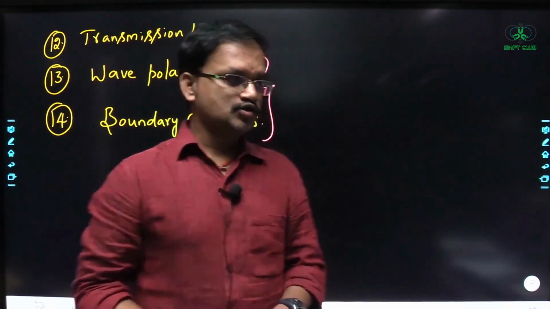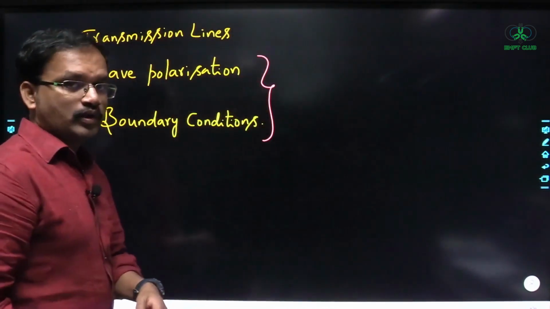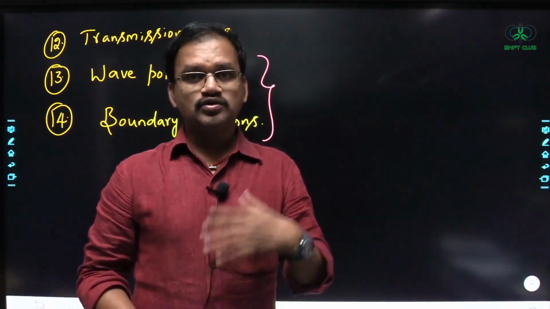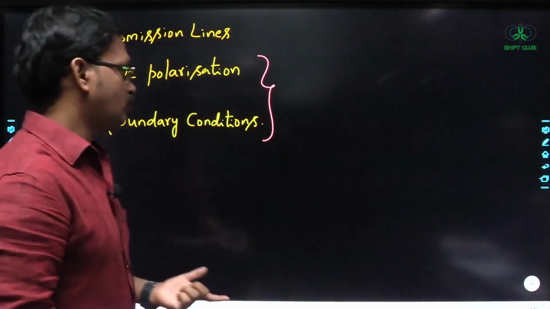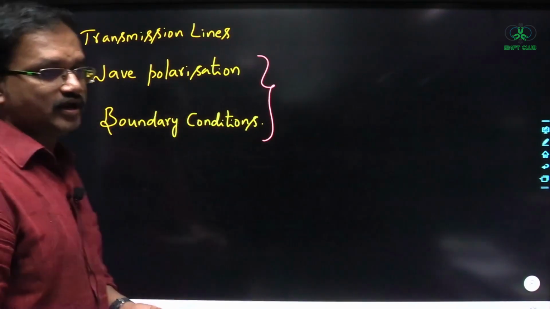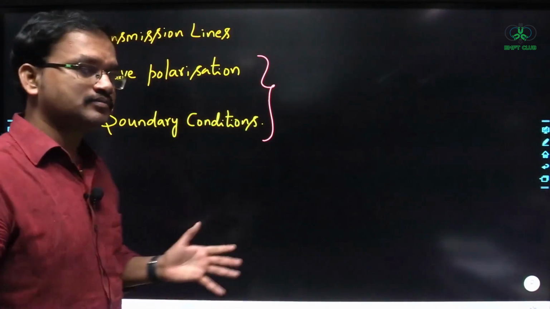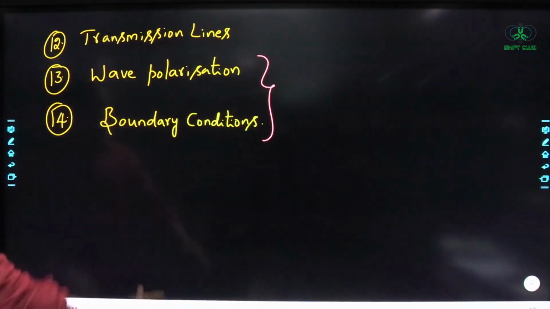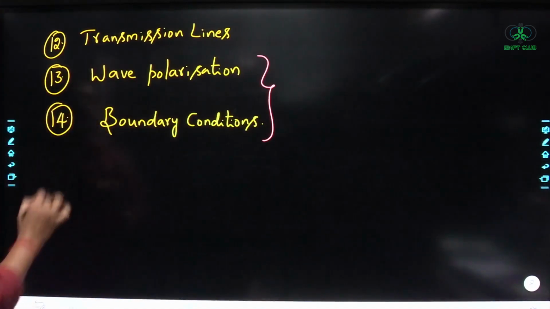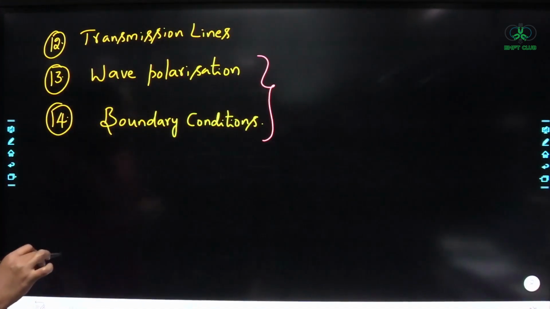Immediately after these topics, we are going to start normal incidence, oblique incidence and waveguides. There we are going to apply the concepts of wave polarization and boundary conditions. That's why I am teaching this topic here, right? So the 13th topic is wave polarization, the 14th topic is boundary conditions.